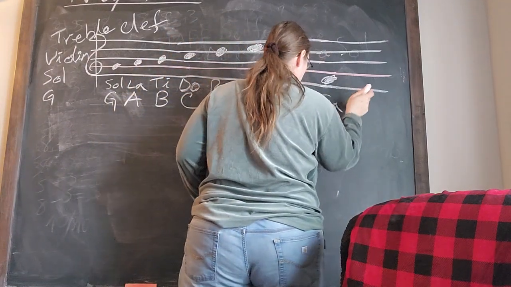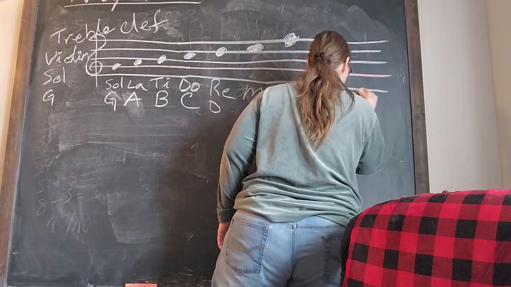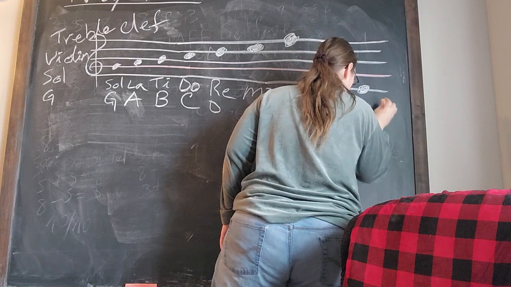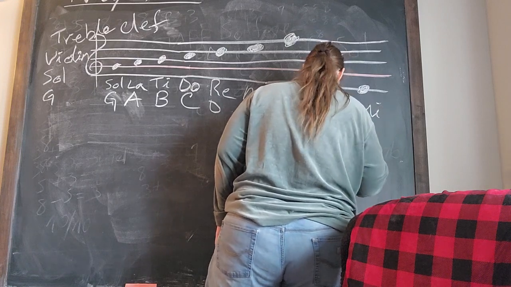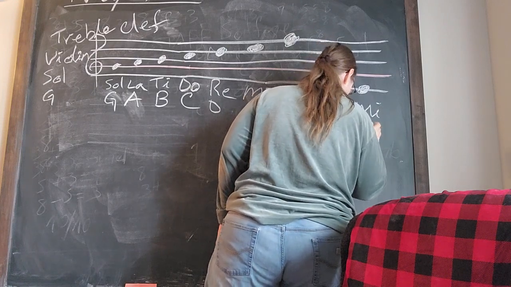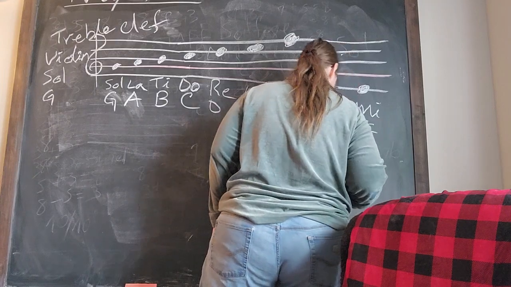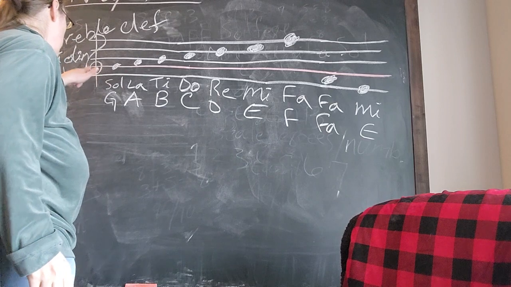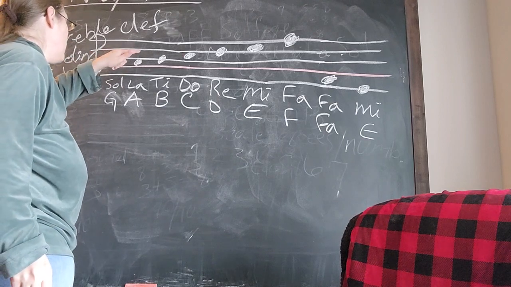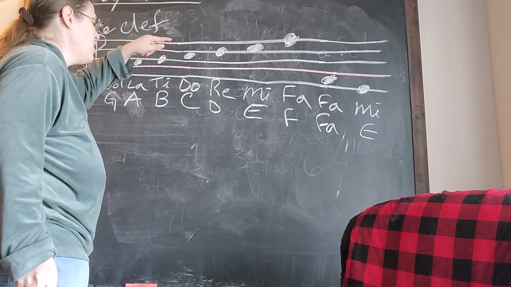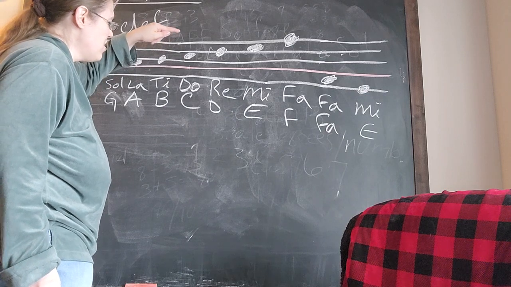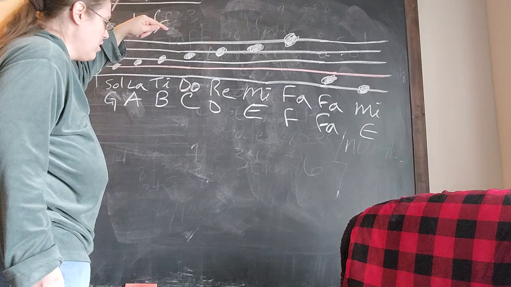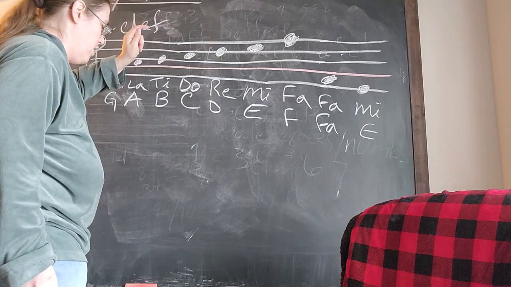And then this very bottom line would be the pitch mi again, and this would be alphabetic letter E. Do, re, mi, fa, sol, la, ti, do, re, mi, fa.